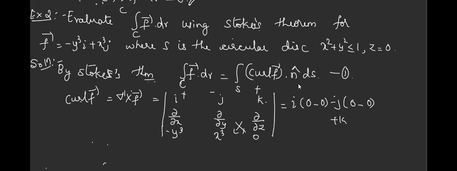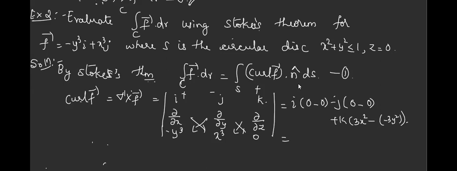It is with respect to z, so 0. Okay, k into. Derivative of x cube with respect to x is 3x square. Minus derivative of minus y cube with respect to y, minus 3y square.